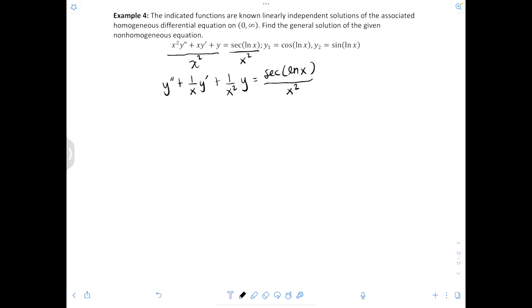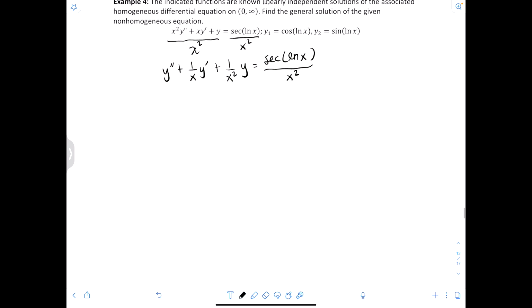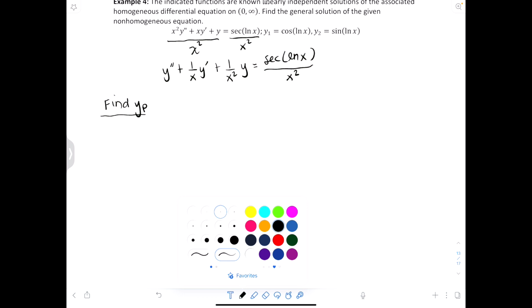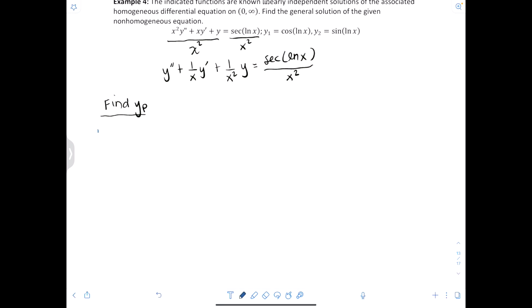over x squared. Now, since we know those are our solutions, we also know that to find yp, all we have to do is put the associated constants, right? So not yp, yc.